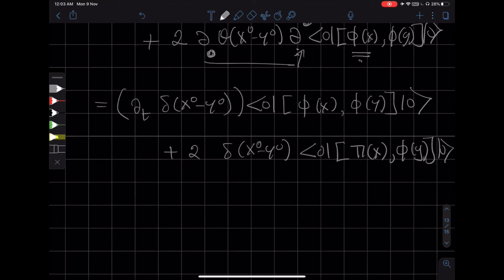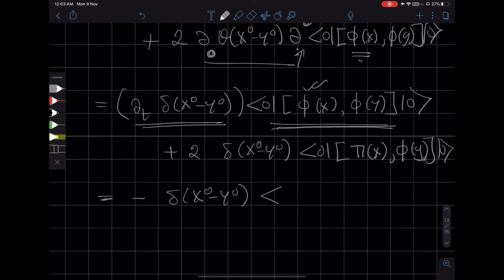And then over here, we get the derivative of a delta function times some other function. And we know that by doing integration by parts, we can write this as minus the delta function times the derivative operator acting on this. But the derivative operator acting on this will just turn it into a pi operator. So we get this, and here we have pi of x in commutator with phi of y, the vacuum expectation value.